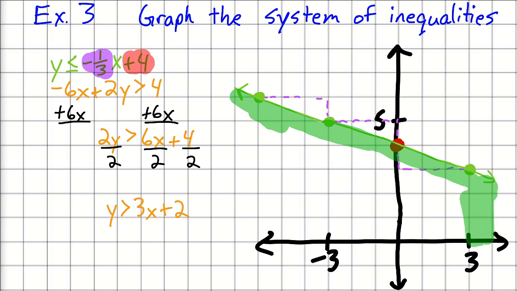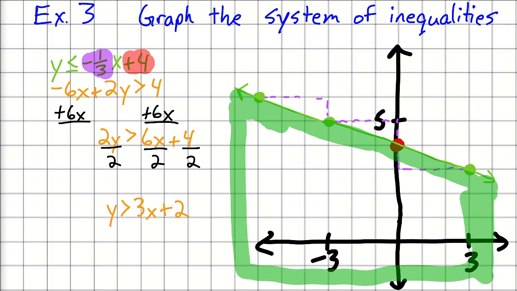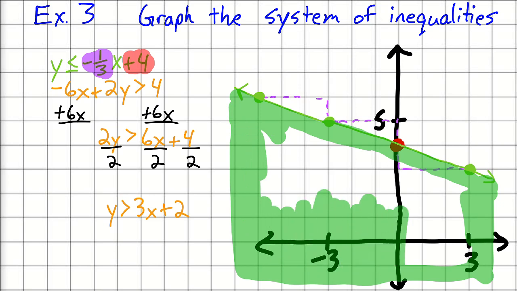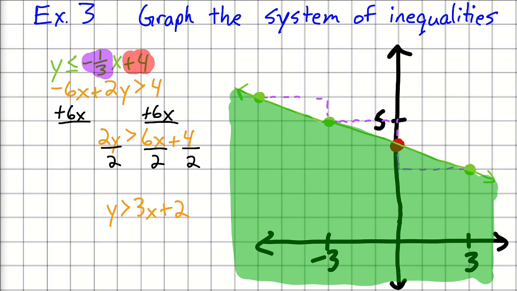Trying to be careful there so that it looks correct. Shading all this in. All these points that I'm shading in are part of the solution set. And something that you may not have thought about, and that's okay, is that even a point like right here, where I don't know exactly what the x and the y values are because it's not a whole number, is part of the solution set.